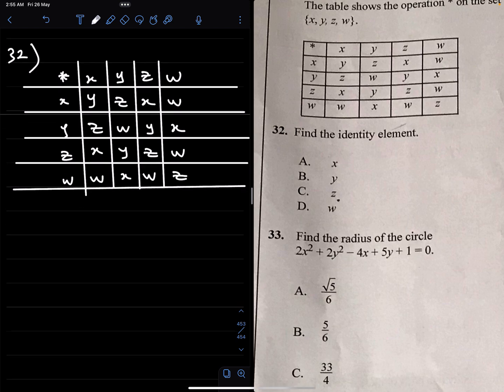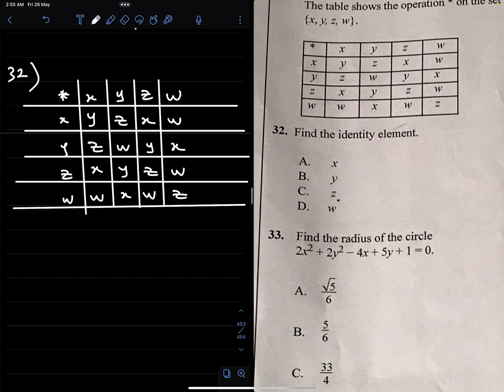Now find the identity element. The identity element is the element that combines with every other element to give that other element. So the element that you combine with x to get the same x, and combine with y to get the same y, and combine with z to get the same z, and combine with w to get the same w, is the identity element. So let's check that from the table.